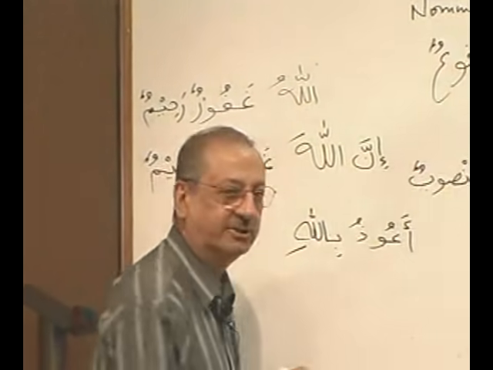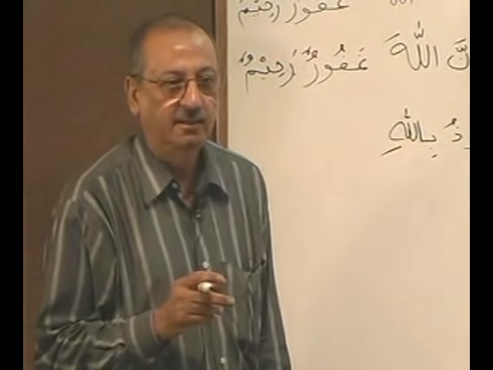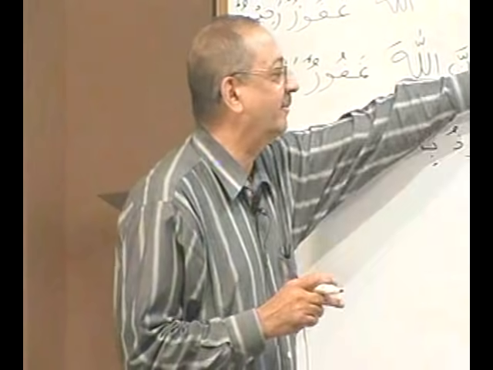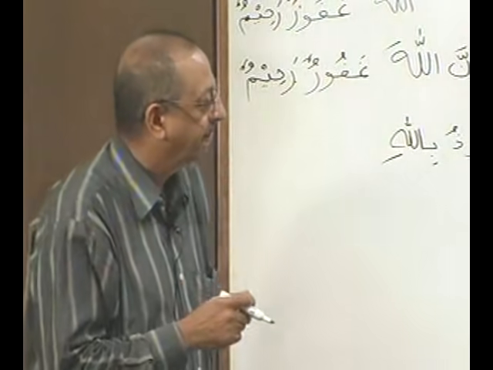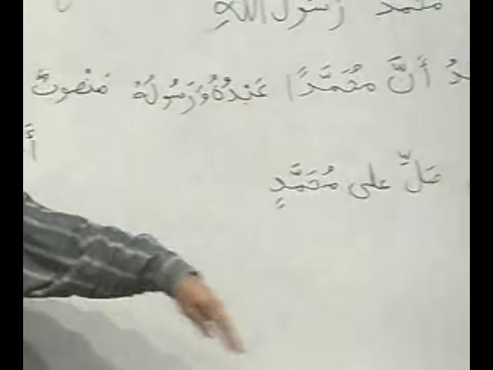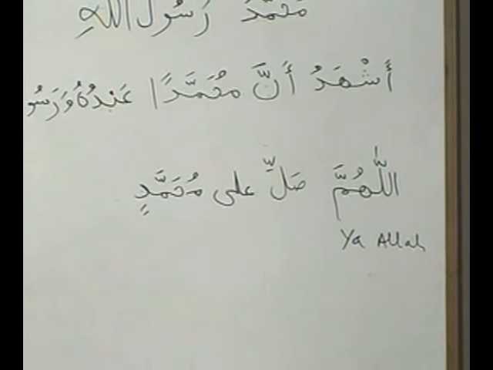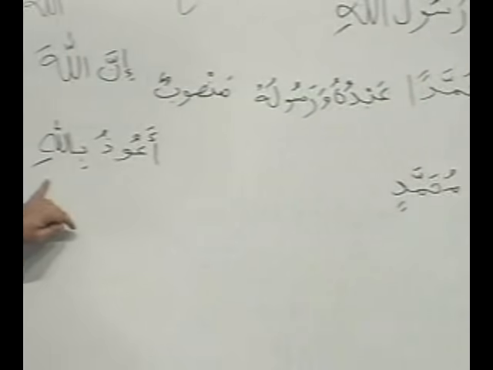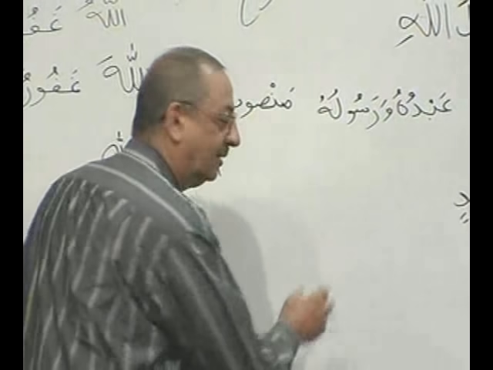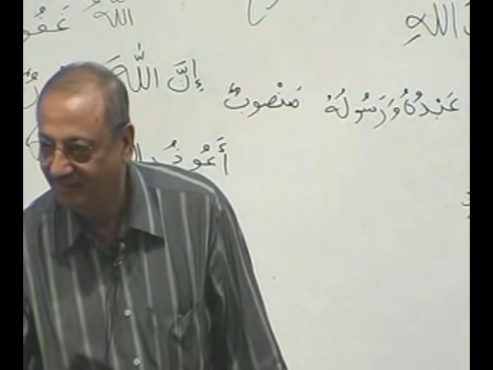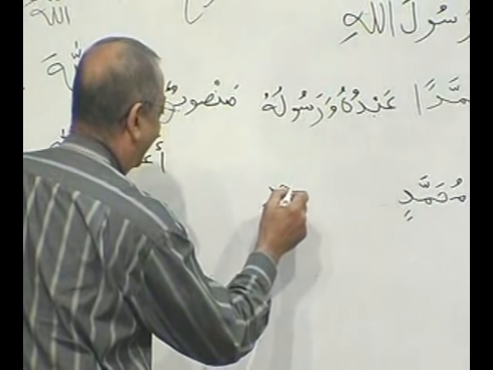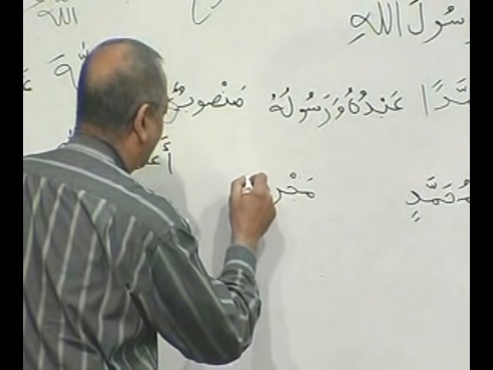Are you with me, brothers and sisters? But we will memorize these terms that I'm writing. Now if the noun ends with a kasra, be it a tanween or one, we will say the noun is majroor. Not majboor, majroor. Okay? Majroor, majroorun.